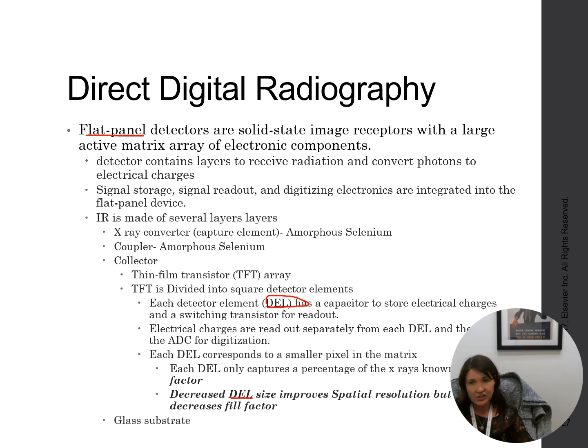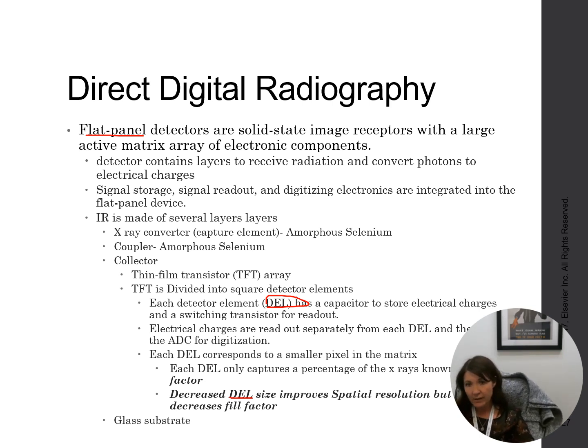Now, because our detection elements are not going to be 100% covered with our radio-sensitive material, we know that as the fill factor. The fill factor is the part of the TFT that is going to be sensitive to those ions.